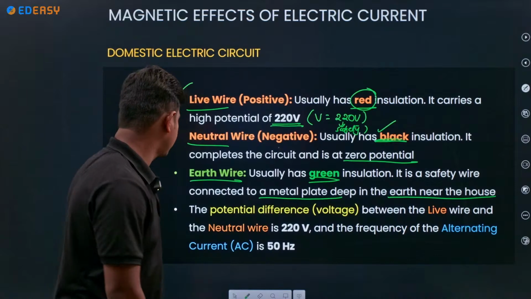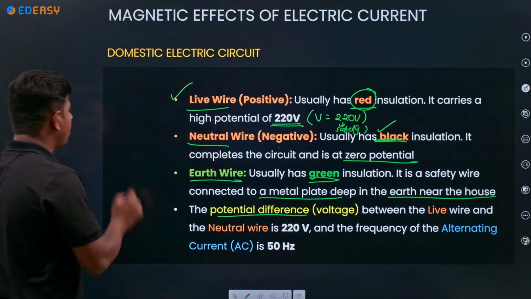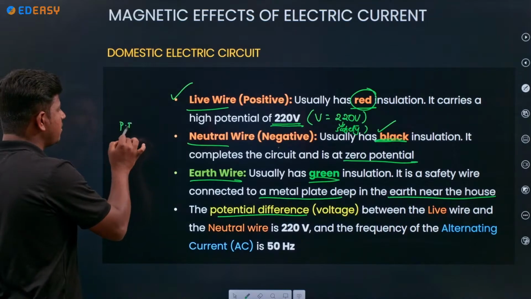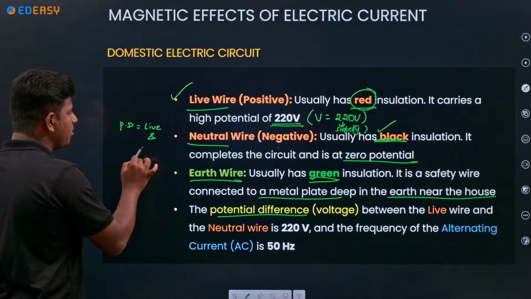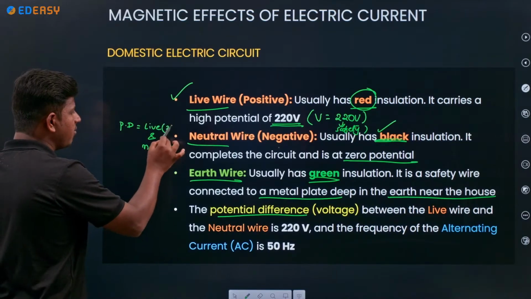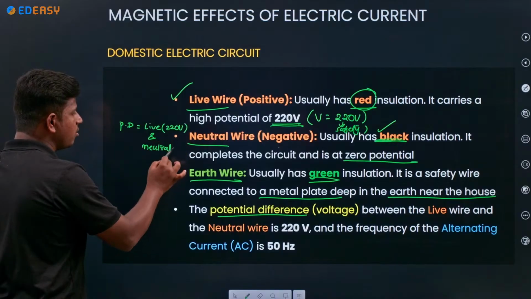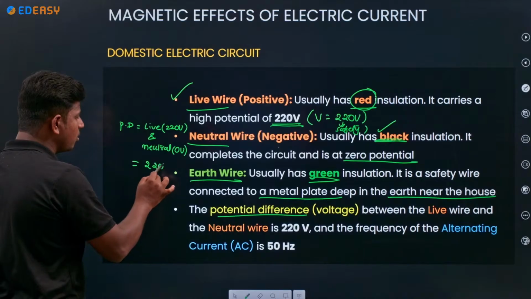Next, how much potential difference will be there? Potential difference between live and neutral wire. Live wire is entering with 220 volts, neutral wire is 0 volt, then the potential difference is 220 volts.